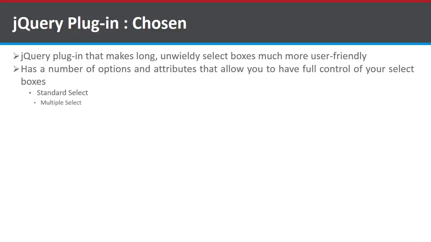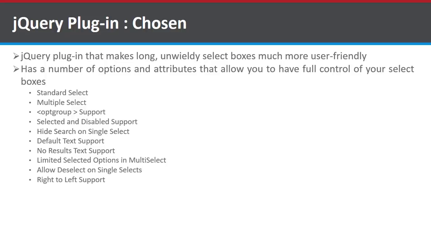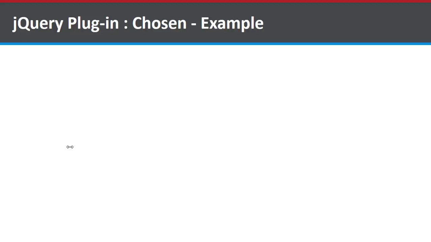That are standard select, multiple select, optgroup support, selected and disabled support, hide search on single select, default text support, no results text support, limited select options in multi-select, allow deselect on single selects, right to left support, observing, updating and destroying Chosen, custom width support. Now I will show you the jQuery plugin Chosen example after we complete the next topic, that is Select2.